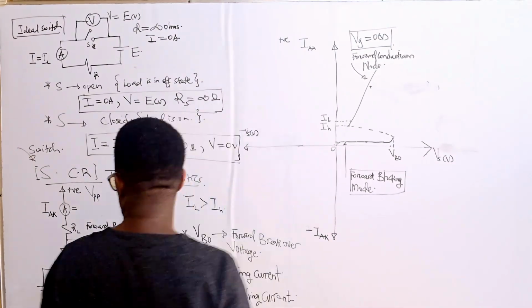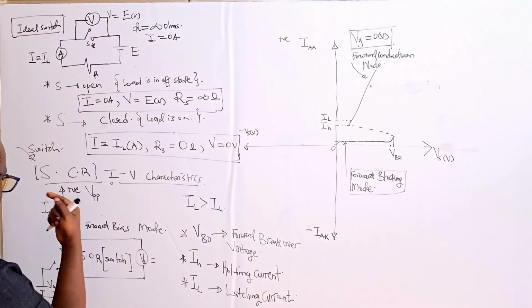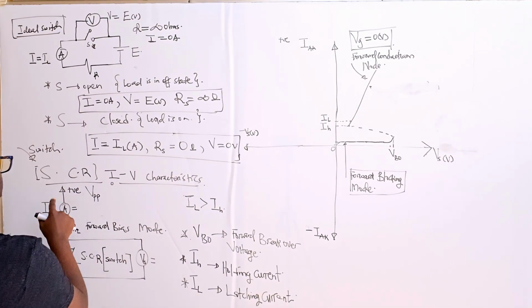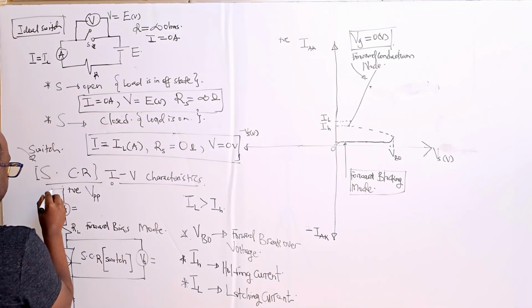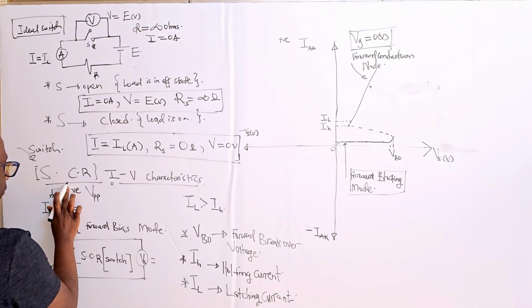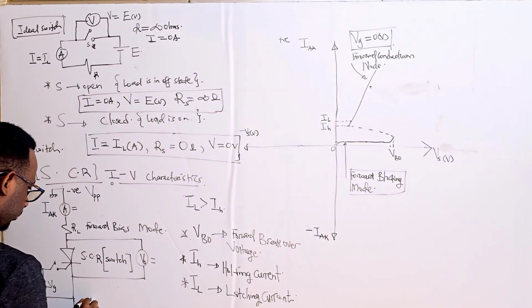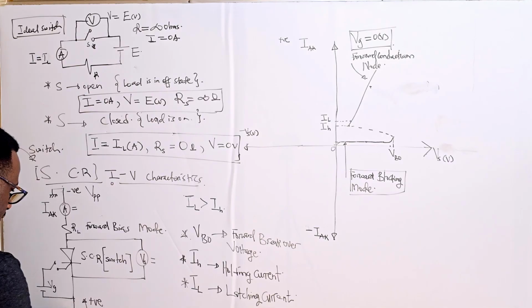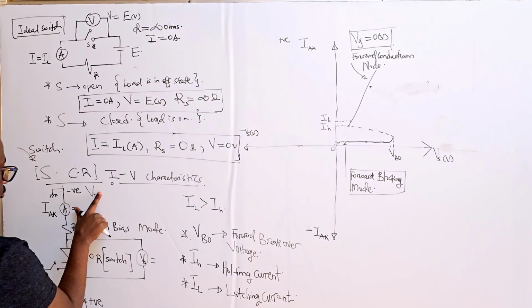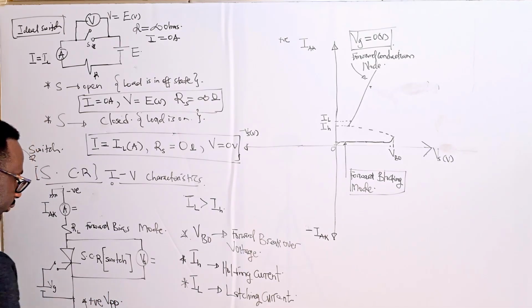Now let's change the setup a bit. Let us reverse the circuit. Take that point to ground, negative. Let the cathode be positive relative to the anode. This is VPP.